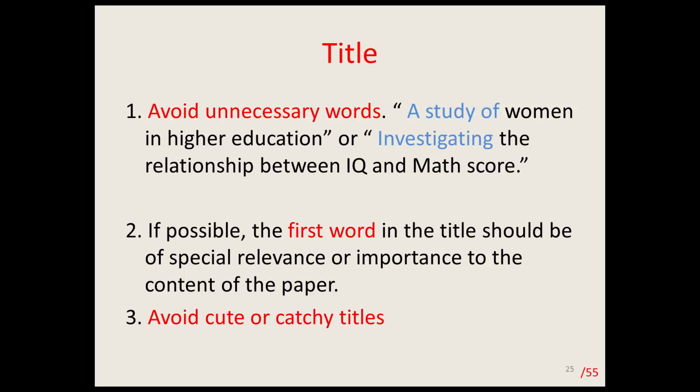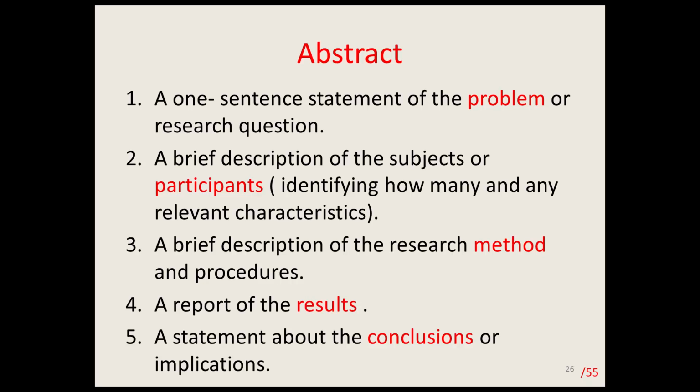Second thing is, the first word you use in your topic is very important and should represent the nature of your research. Another thing is that you avoid cute or catchy titles, because like I said, a research report is not creative writing. After the title page, you have the abstract.